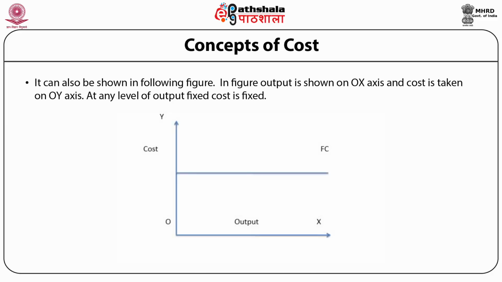Fixed cost can be shown with the help of a diagram also. As seen in this diagram, output is shown on the x-axis and cost is taken on the y-axis. FC is the fixed cost curve. At any level of output, fixed cost is fixed.